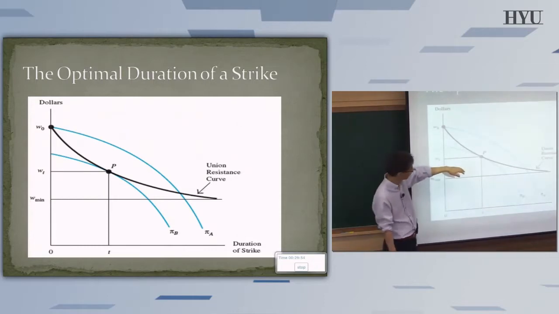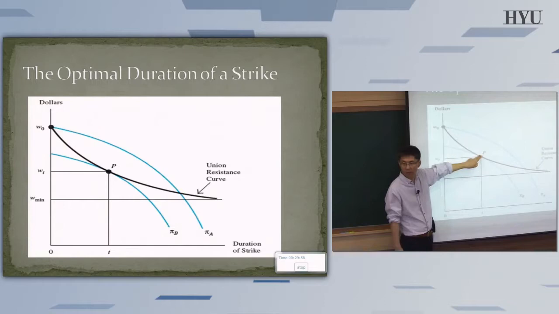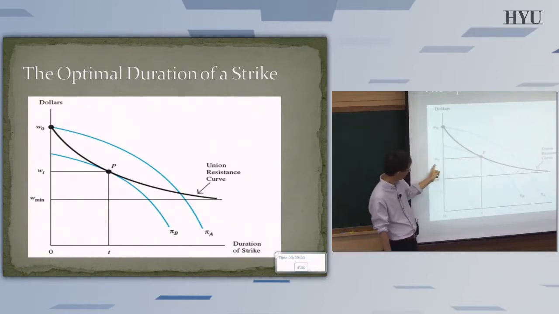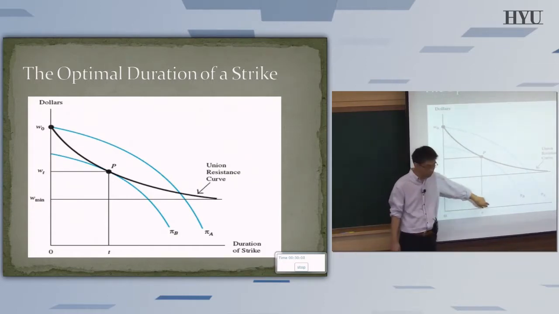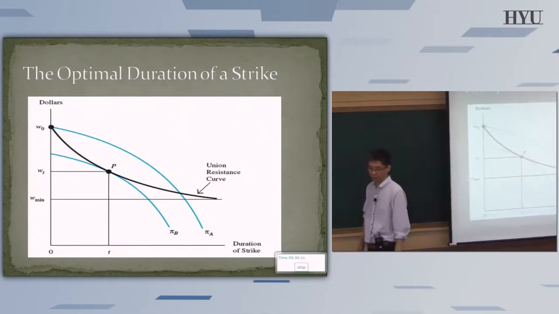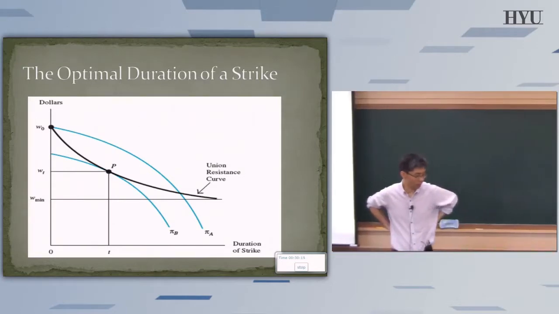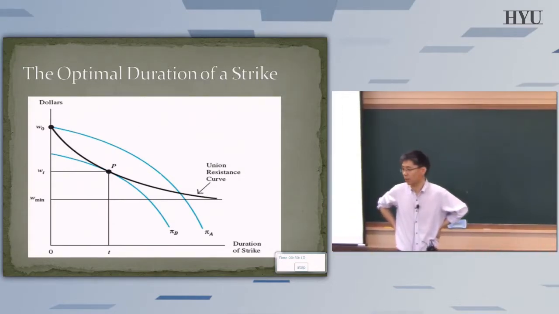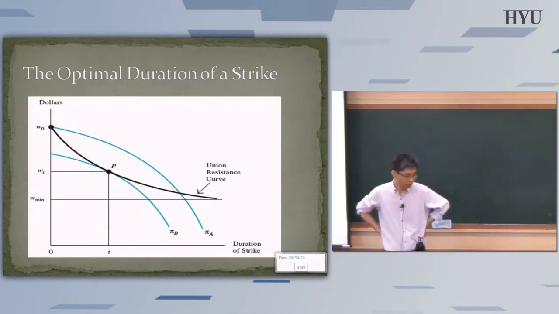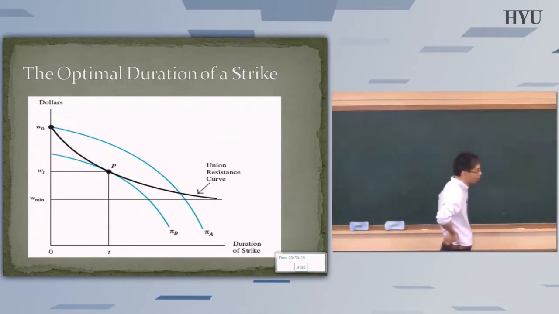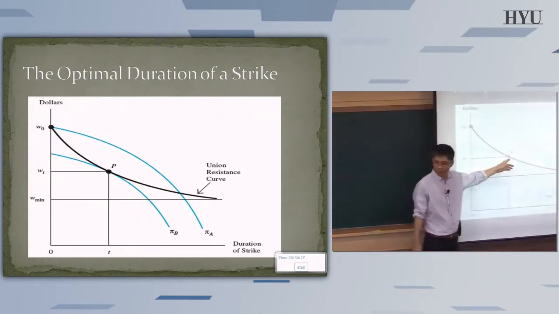The optimum thing to do is to wait until they reach the point P. Then they will pay W T dollars, and the duration of strike is going to be T periods. So the duration of strike is determined by the firm's decision to maximize its profit.